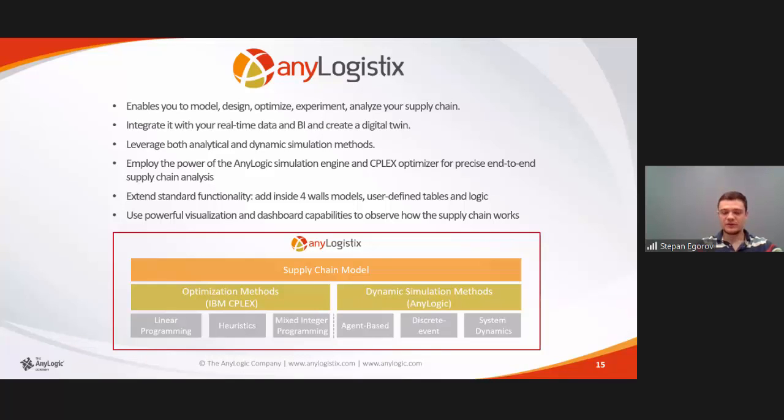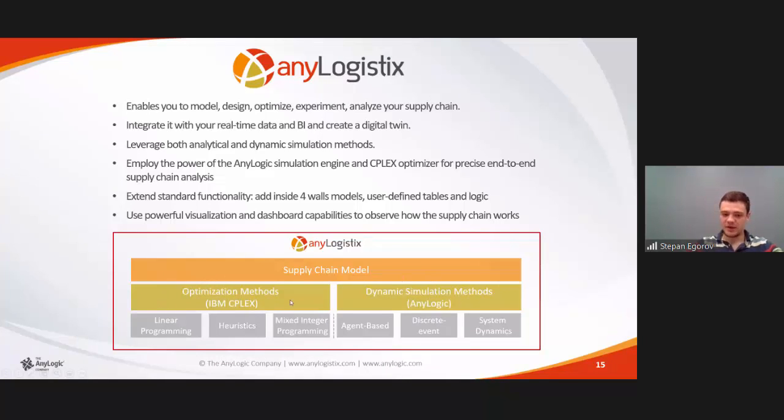And what's unique about anyLogistix is that it leverages two analytics engines. First is dynamic simulation, which uses the AnyLogic engine underneath, and AnyLogic is the worldwide leader in simulation.